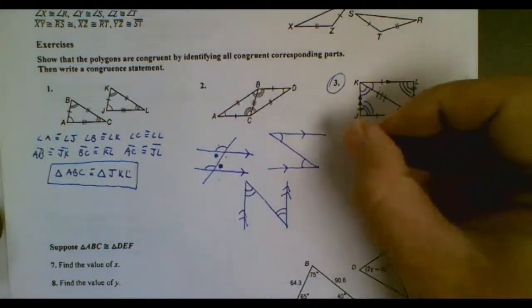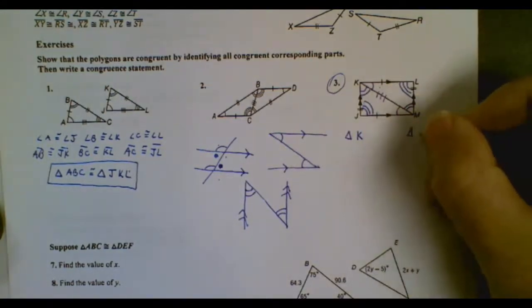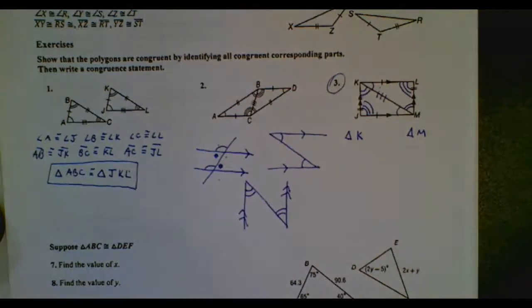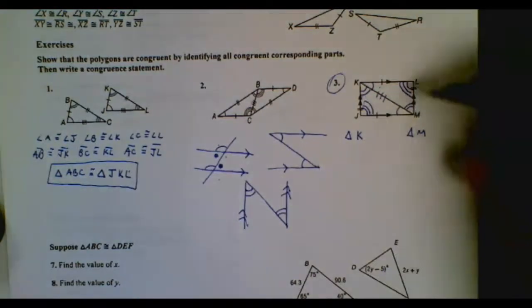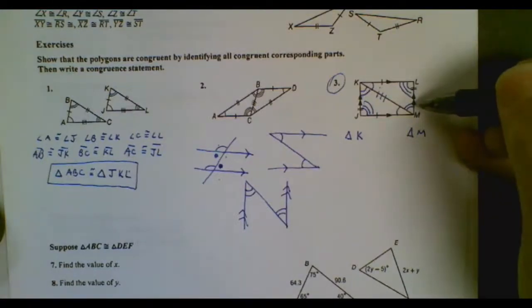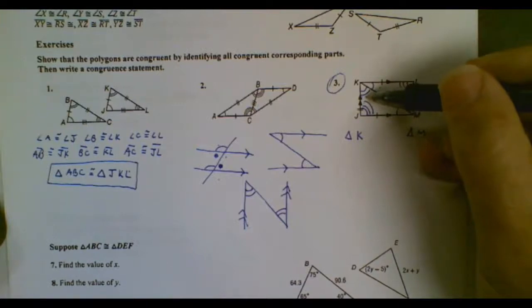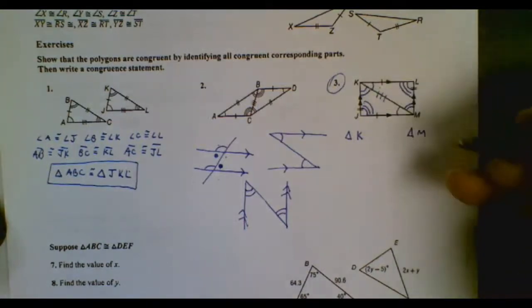So I know that K corresponds to angle M. By the double marks, right there and right there, I can see that M from the upper triangle corresponds to K from the bottom triangle.